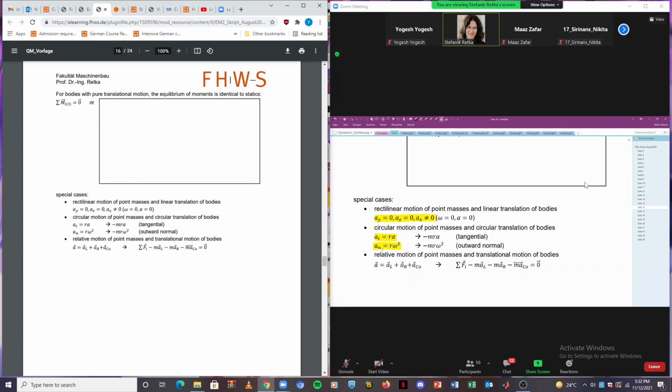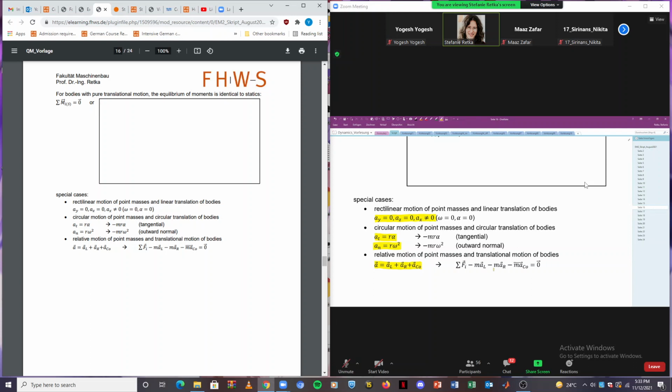And the third situation is the relative motion of a point mass or translational motion of a body. So in case of a relative motion of a point mass, we can apply our standard approach. The absolute acceleration consists of leading and relative motion, and then there might be Coriolis acceleration that has to be considered as well.